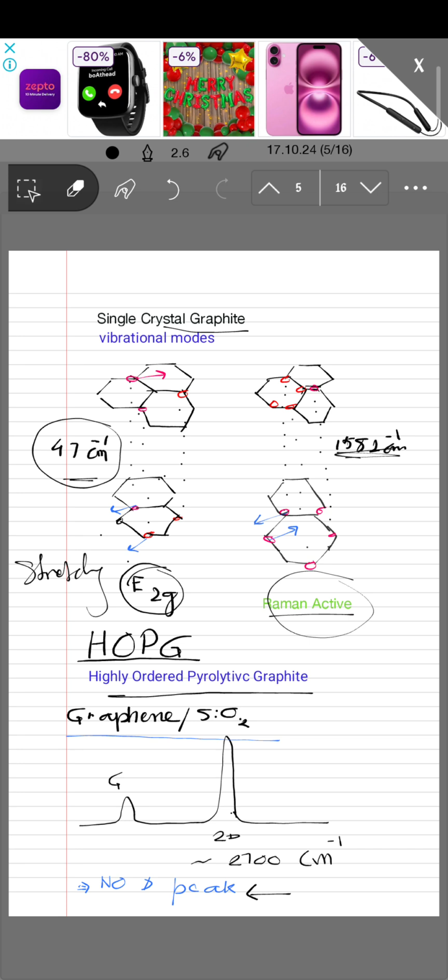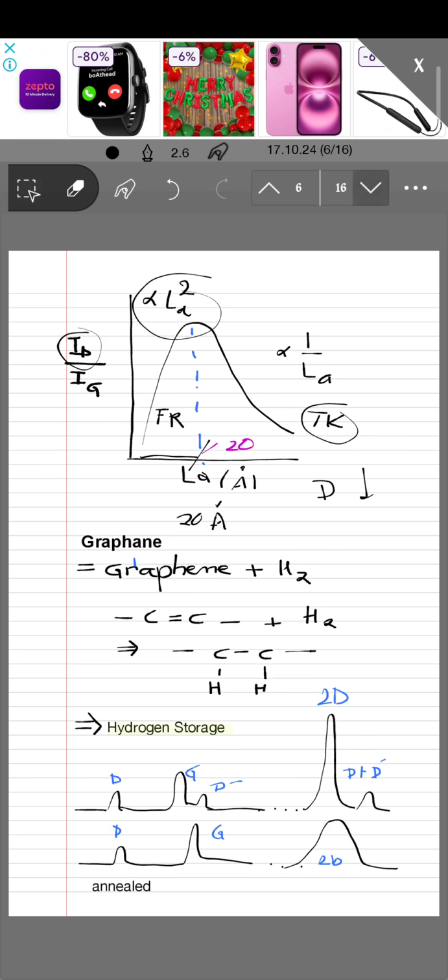So the Raman spectra of a pure graphene sheet will not show any D peak, any disorder. Instead, it will show another peak at around 2700 cm⁻¹, far away from the D peak, and this peak is called the 2D peak. It is basically an overtone.